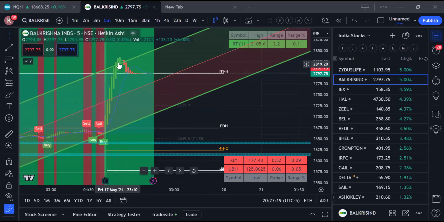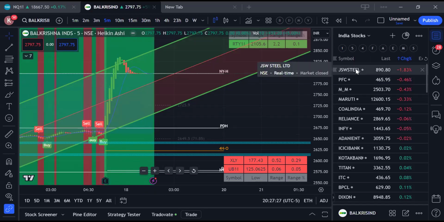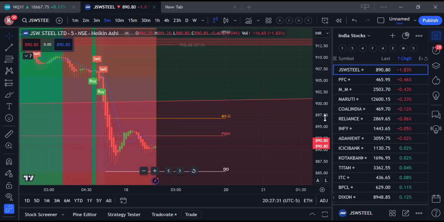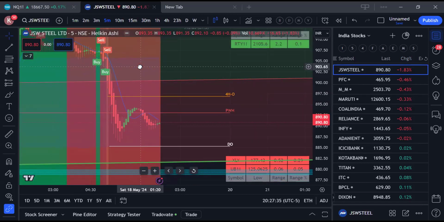Same thing with Balakrishna. Again, it may drop a little bit and it may go further high. JSW Steel is looking bearish. So whenever we get a sell signal, we can short the stocks, or we can buy the puts.